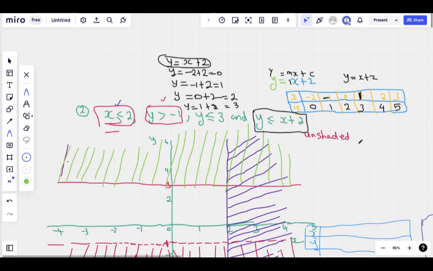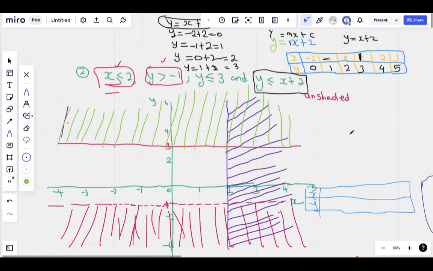Now, let's plot. Go to your x-axis, -2 on your x-axis. Look at my table. The first value for x is -2. So -2, I'm going to trace it to 0 on the y-axis. So the y-axis is this one. So -2 to 0 is this same spot. I'm going to mark it.